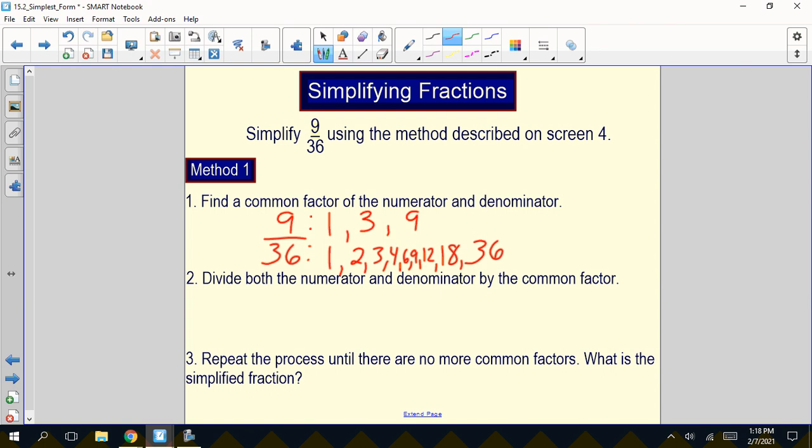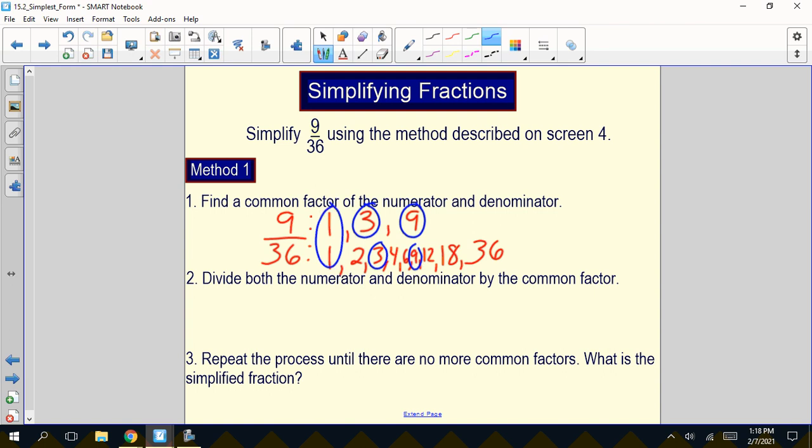So there's my list of all the numbers that give me 36. 1 and 36, 2 and 18, 3 and 12, 4 and 9, and 6 times 6. The numbers that they have in common are 9, 3, and obviously 1. We don't want to divide by 1 because anything divided by 1 stays the same. But we want to divide either by 3 or 9.